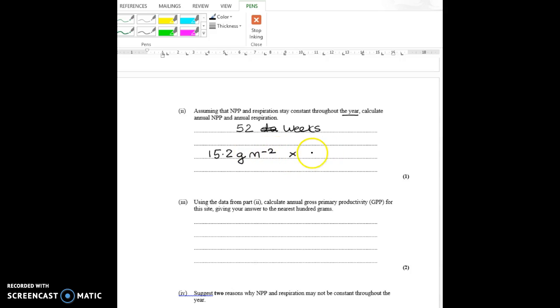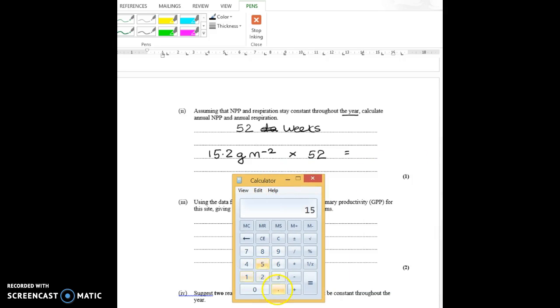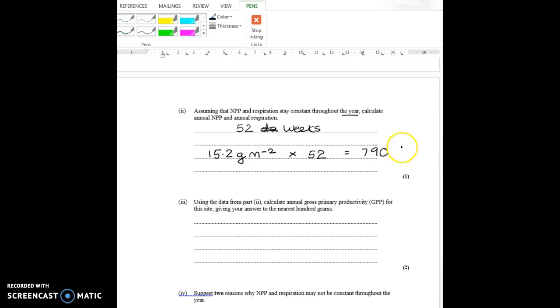And now we're going to multiply by 52 weeks, which is how many weeks in a year. So 15.2 times 52. So look up your calculator: 15.2 times 52, 790. And now grams per meter squared per year. And again, notice I missed out the per, so I make that -1 up there.